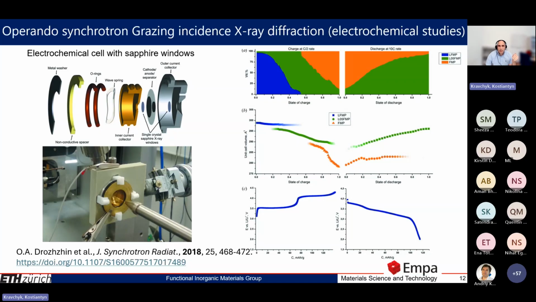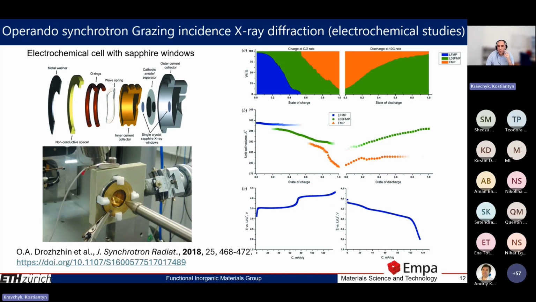Another method which you can use, I think everybody knows this, but I just want to mention it: you can check the changes of the crystal structure of your cathode active material as a function of charge and discharge.